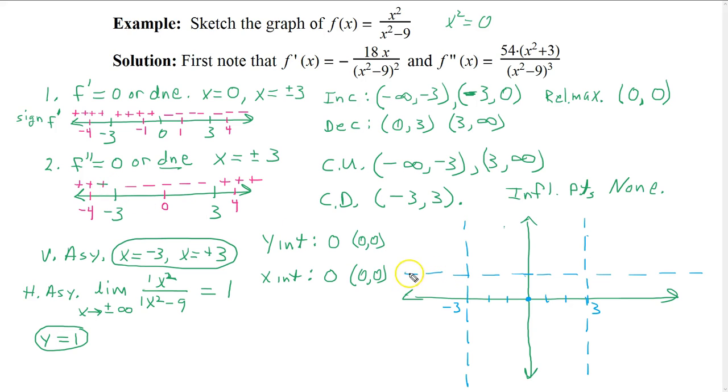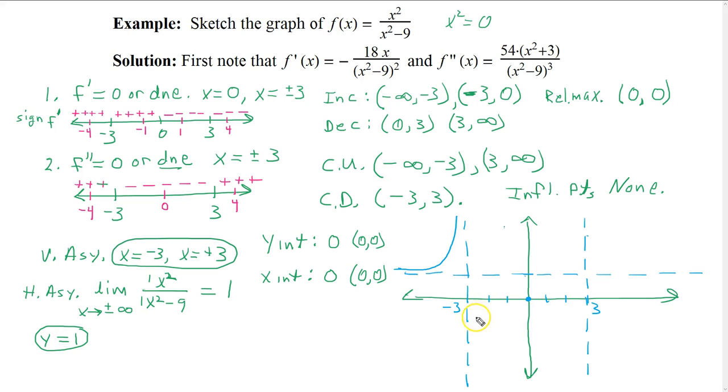This is a horizontal asymptote, so it has to hug this line out here, this dotted line, and as we come towards a vertical asymptote here, we're either going to break up or break down. Well, we have to stay increasing and we have to be concave up, so we are going to have to break upward. So that's what the graph of our function is going to look like on that piece.